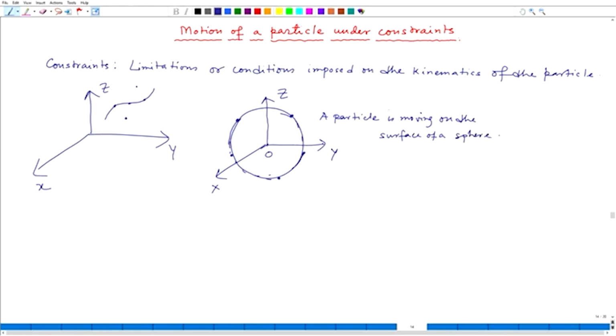I can make other types of constraints. Here I can say that the trajectory will be such type of some equation of a curved line in 3D space.